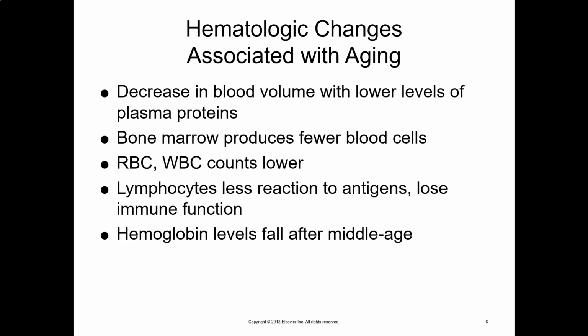With that being said, antibody levels and responses are lower and slower in older adults. And their white blood cell count is lower, which of course makes them more immunocompromised. Hemoglobin levels fall in both men and women, but more so in women, with iron deficient diets possibly playing a major role in this.